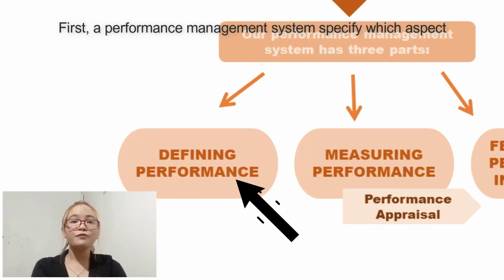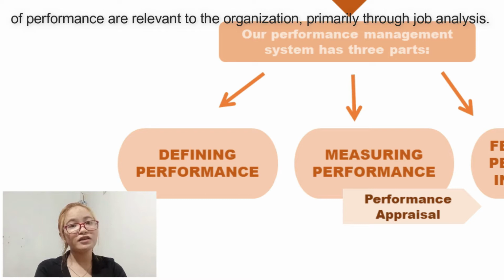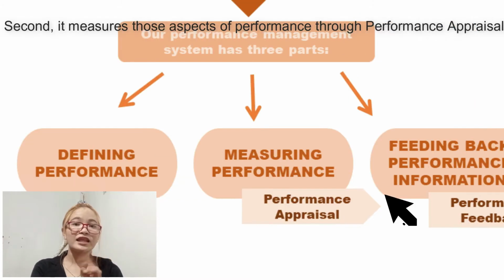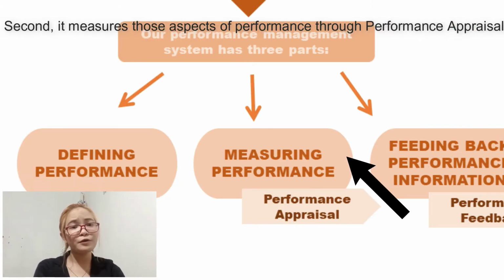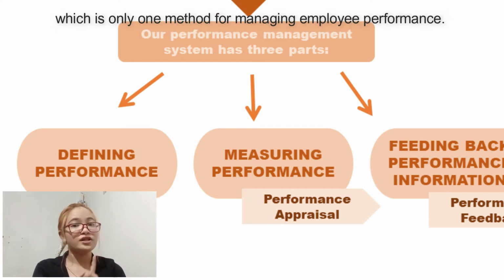First, a performance management system specifies which aspects of performance are relevant to the organization, primarily through job analysis. Second, it measures those aspects of performance through performance appraisal, which is only one method for managing employee performance.